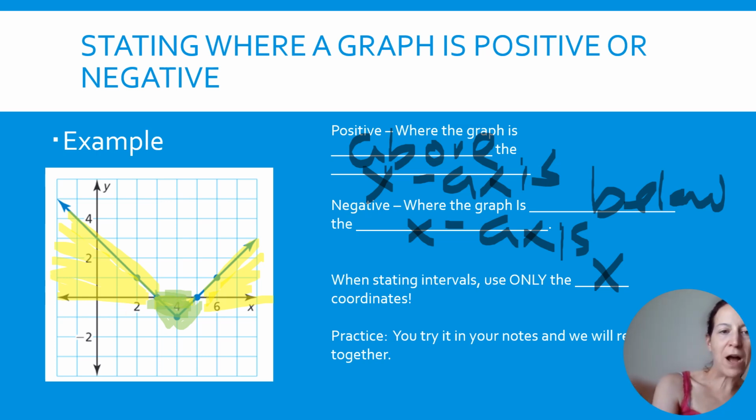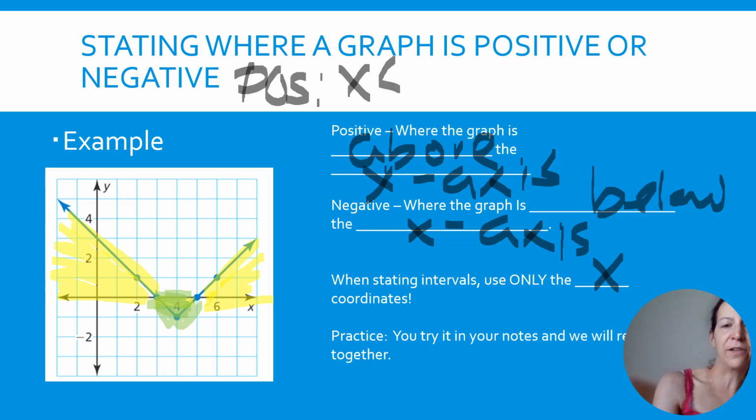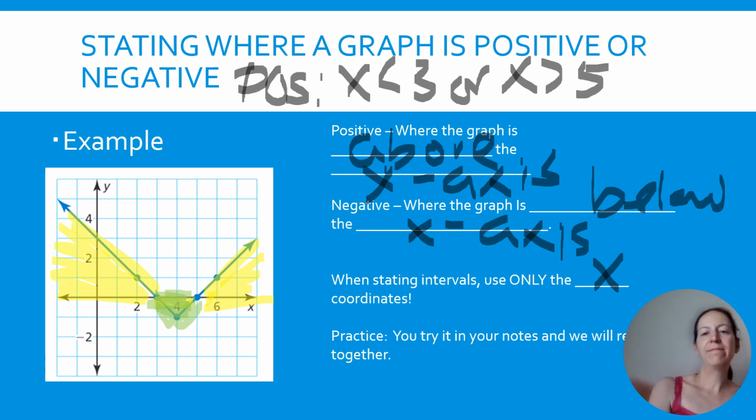So for positive, you could state it this way. You could say it is positive when x is less than 3 or x is greater than 5. Again, here's the 3.